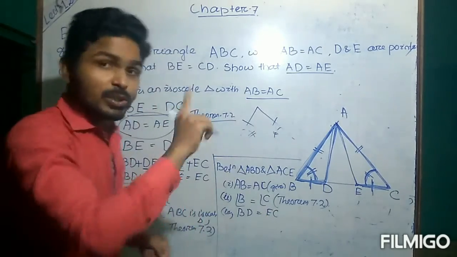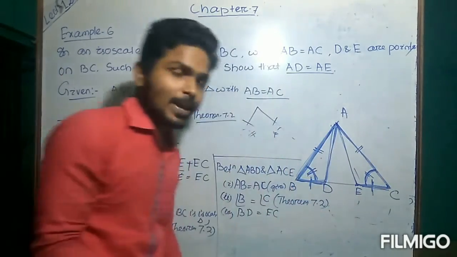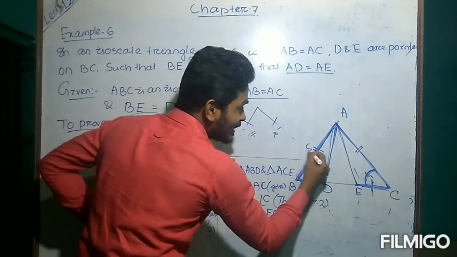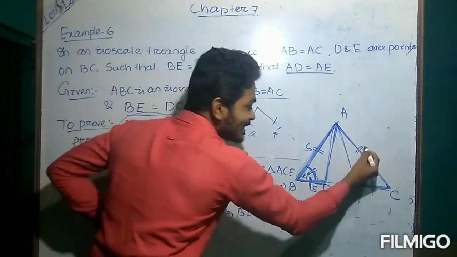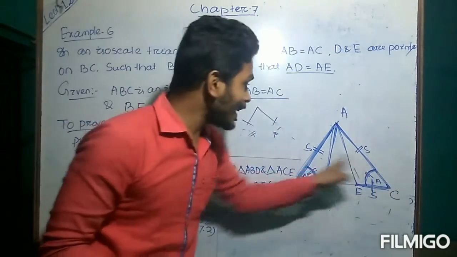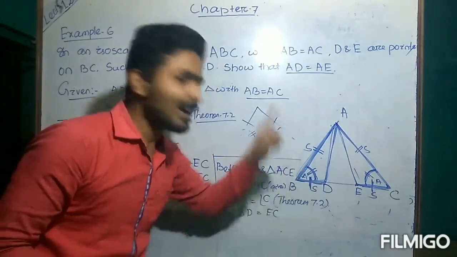First you have to identify which two triangles I am comparing. I am comparing this triangle with this triangle. Okay. Now what we get? We get this side and the included angle. Similarly, this side and included angle. So these two triangles are congruent under the congruency of SAS.